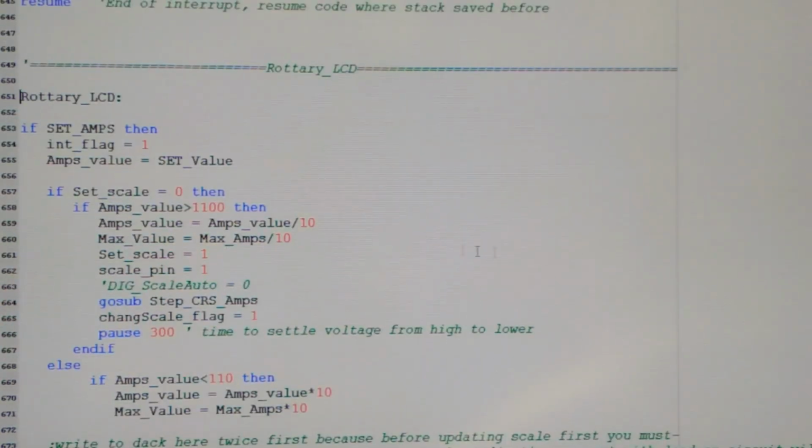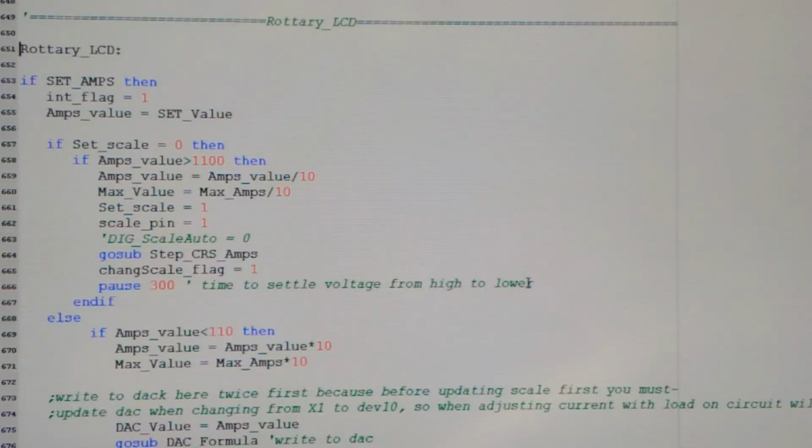Now this is a bit not complex, but because of my scaling, I've got two scales here. One is ×1, the other one is divided by 10. If your scale is ×1, which means your scale pin will be a 0.